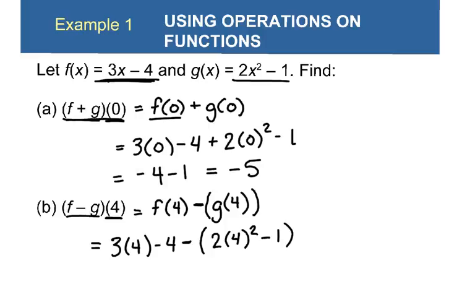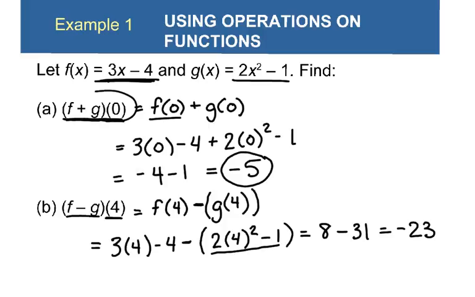Now simplify this, and what we get is 8 minus, and all of this reduces to 31, and that gives us negative 23. So here's our solution for part A, and here's our solution for part B.